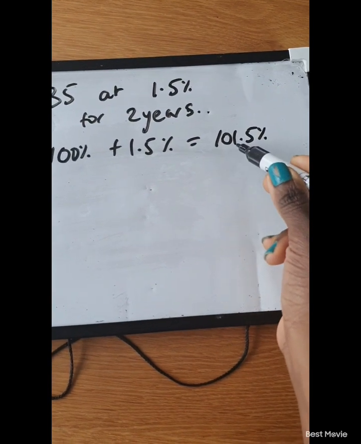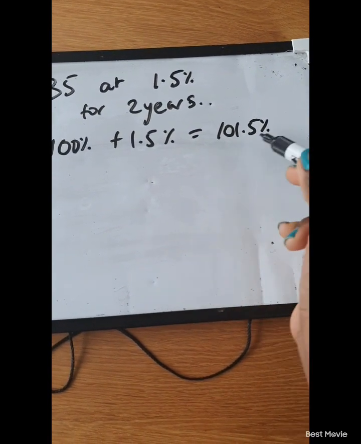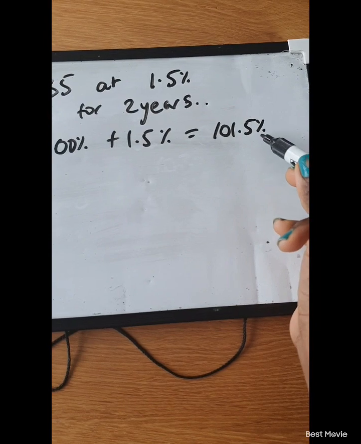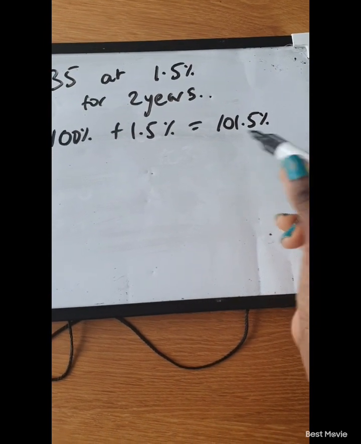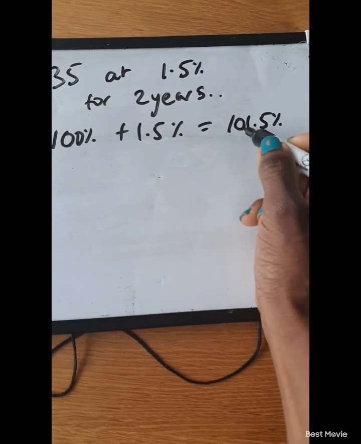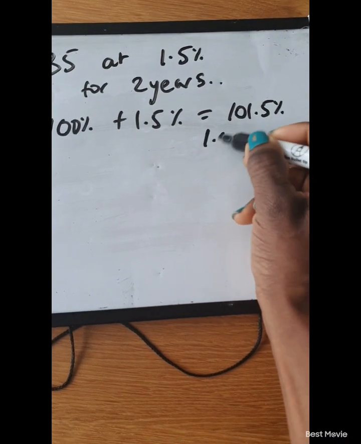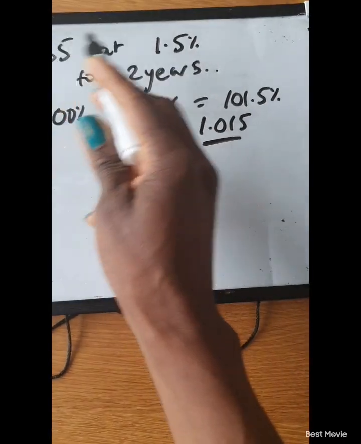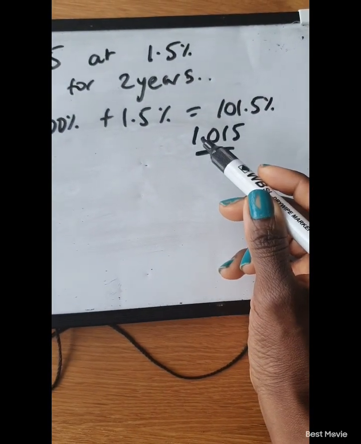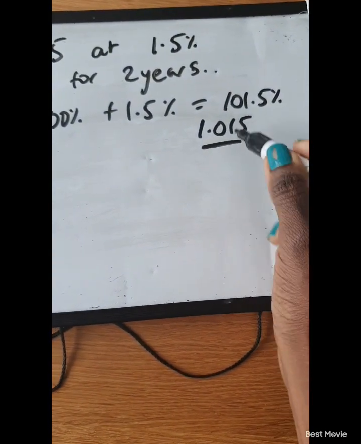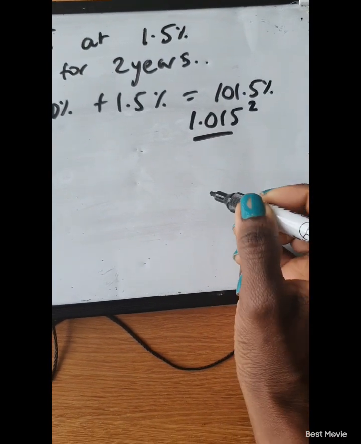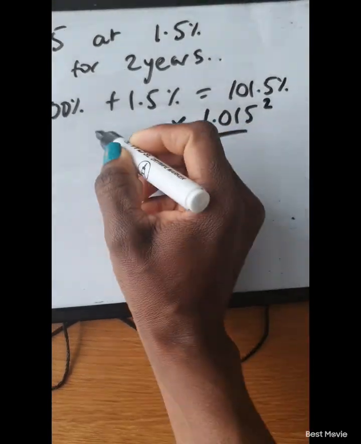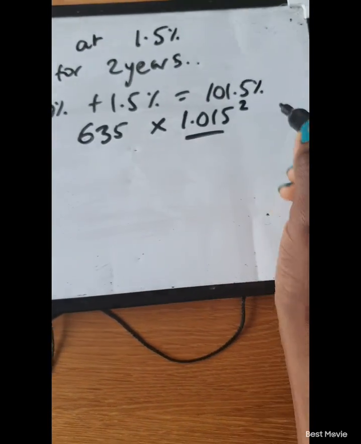From 101.5% to the multiplier, I need to divide by 100, because percent means divide by 100. So 101.5 divided by 100 is 1.015. So that's my multiplier. And because it's been in your account for 2 years, you're going to multiply it by itself twice, which is why it's the power of 2, and your initial amount is 635.